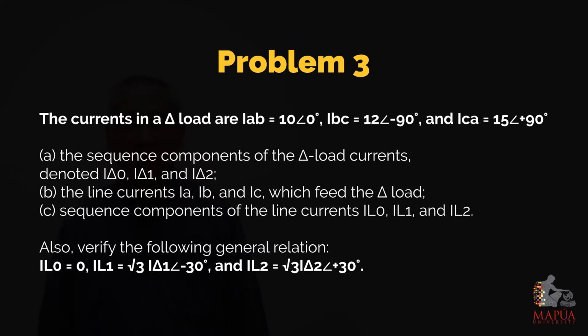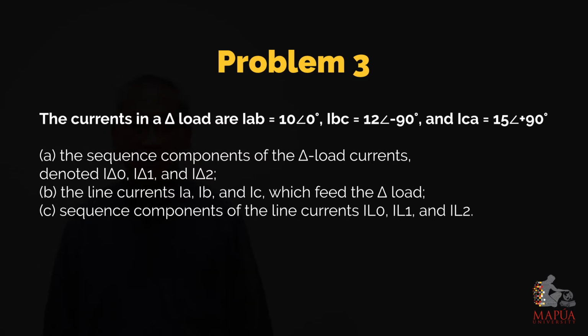Also, we need to verify the following general relation: IL0 equal to 0, IL1 equal to the square root of 3 multiplied by I delta 1 angle negative 30 degrees, and IL2 equal to the square root of 3 multiplied by I delta 2 angle of positive 30 degrees.